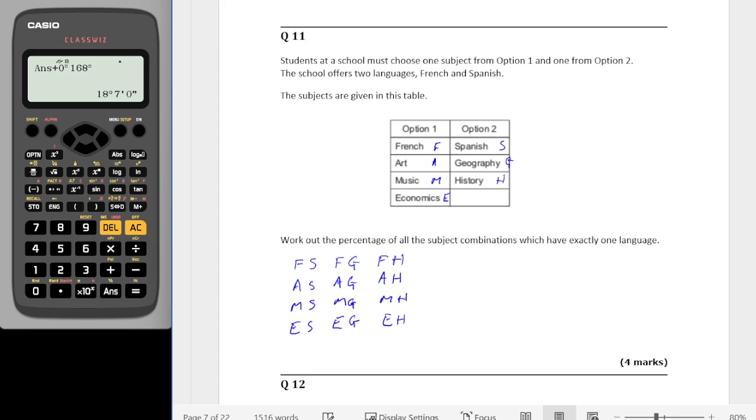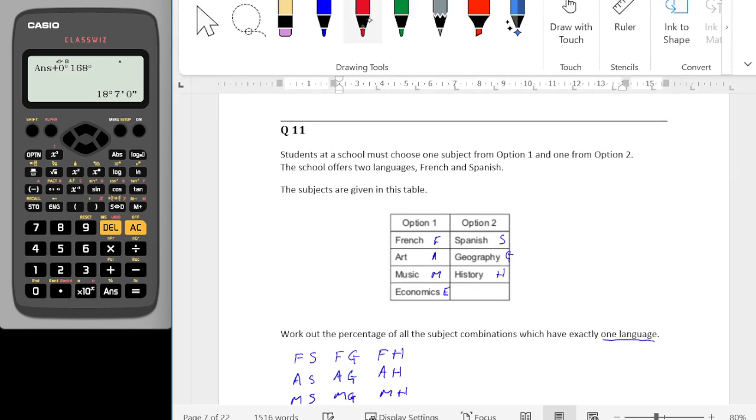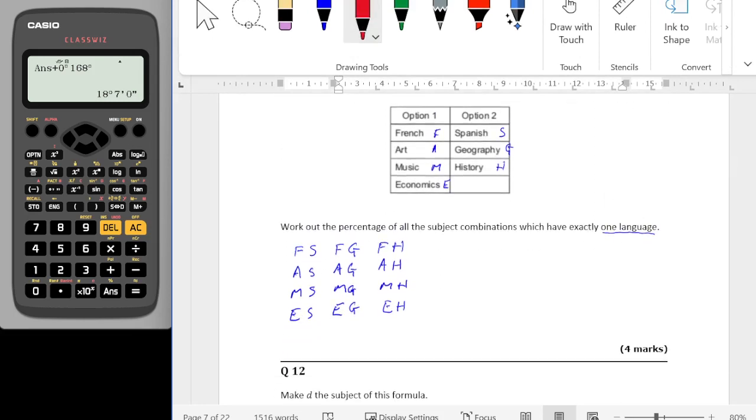Right, work out the percentage of all the subject combinations which have exactly one language. So for exactly one language, what I'm going to do is cross out the ones that either don't have a language or have more than one language. So all of this column except for this one have exactly one language.